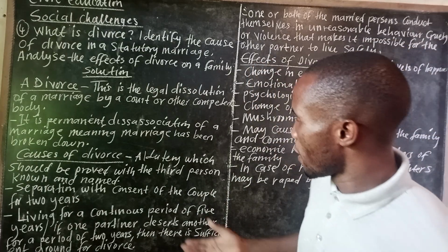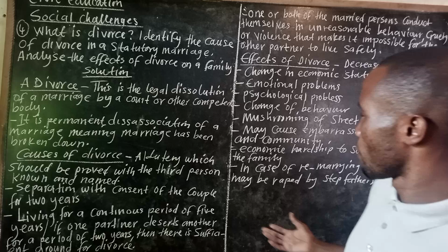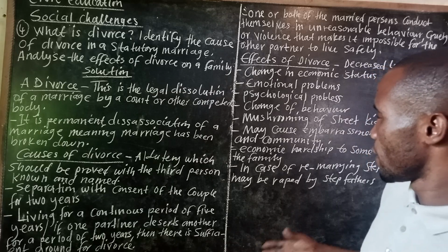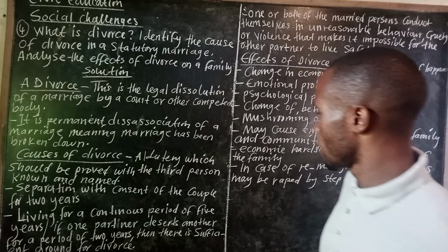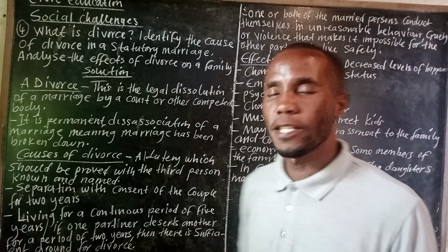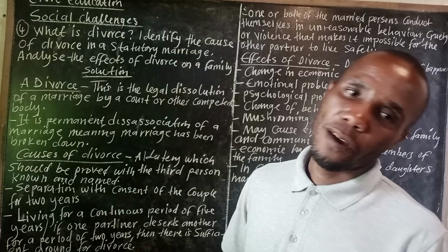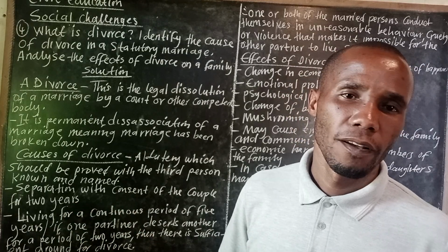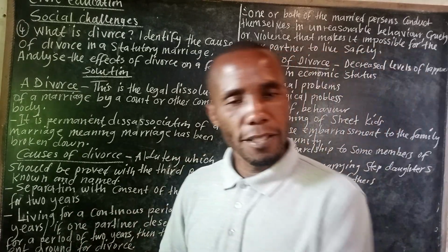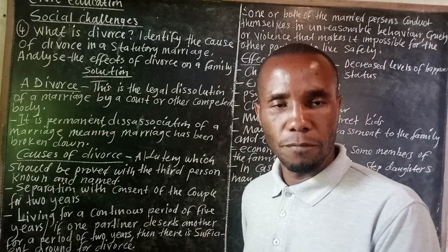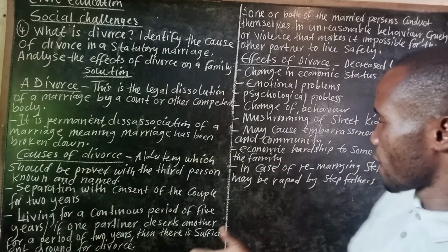Then, living for a continuous period of 5 years, where one partner deserts another for a period of 2 years, there is sufficient ground for divorce. When you go somewhere and live there for 5 years, this partner has deserted his wife or her husband.